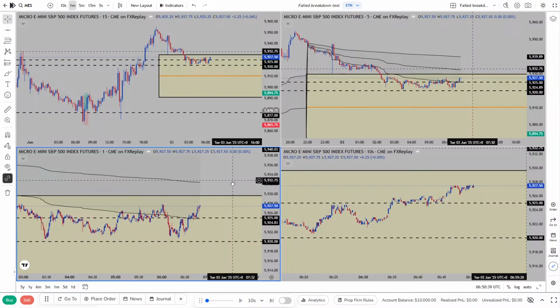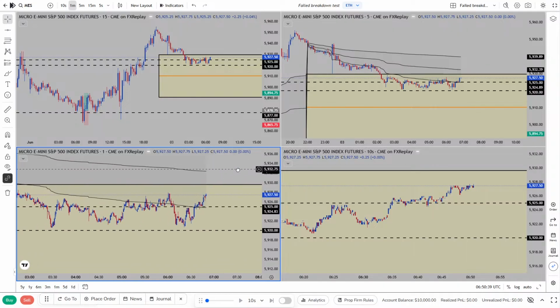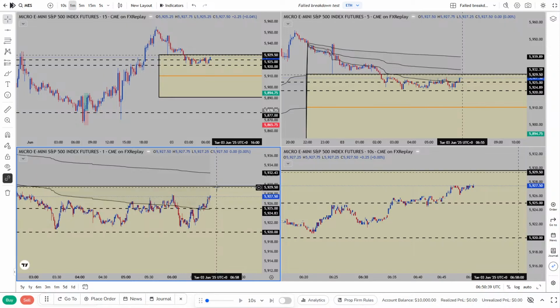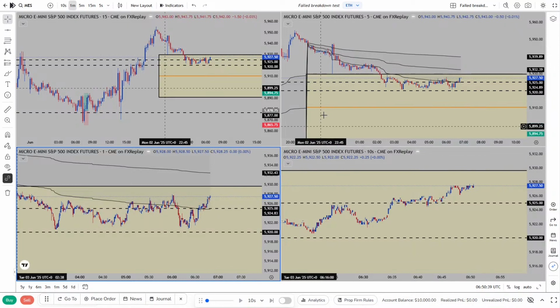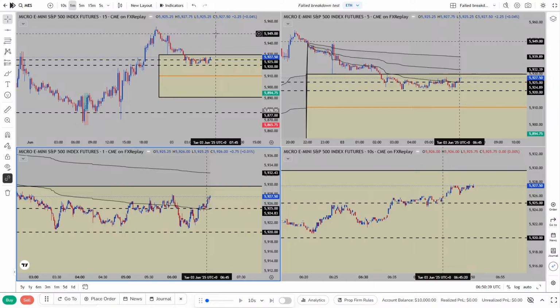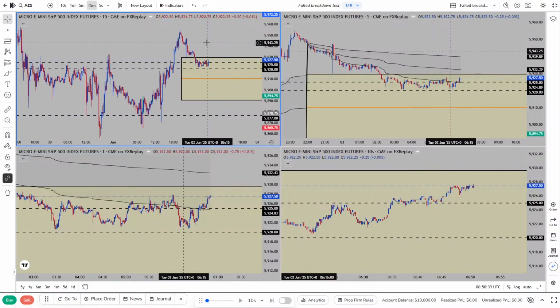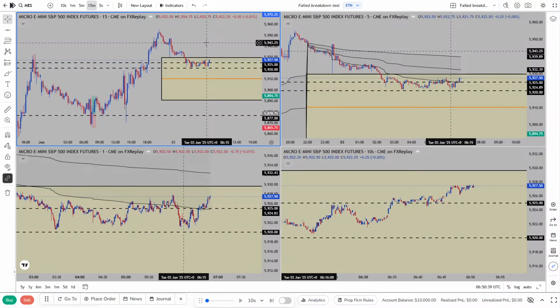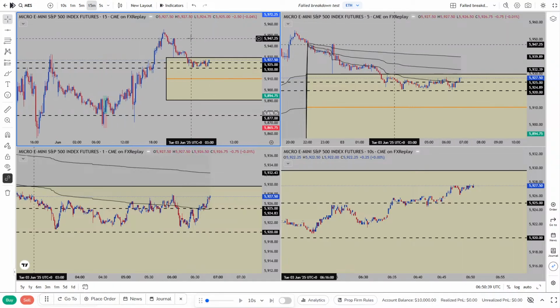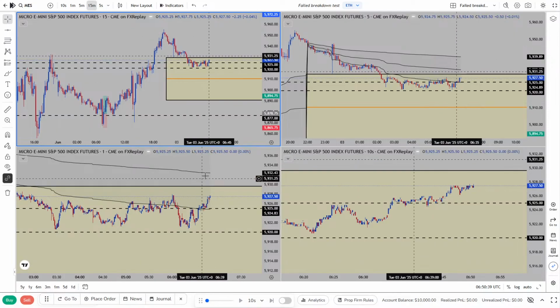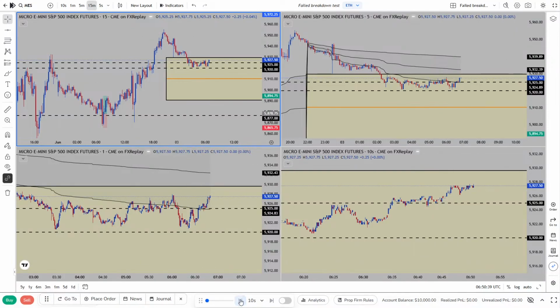So for me to be fully validated, I'm just going to wait for it to break this previous day high and take it from there. I'm going to be aiming for the previous swing highs, which is this one or this one, somewhere in this area. But let's take it slow now and see how it pans out.